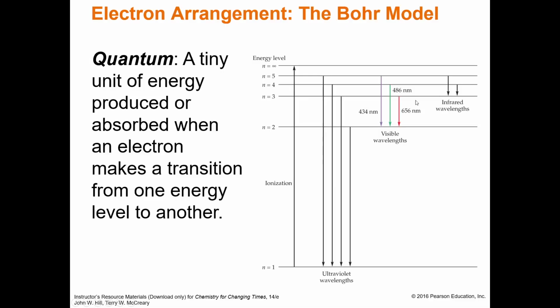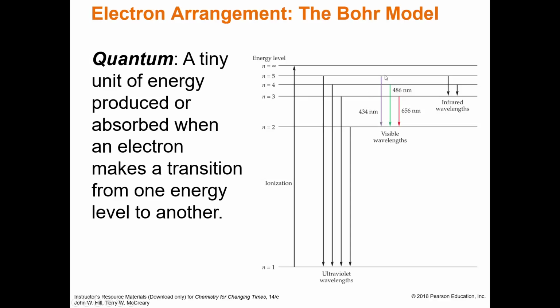Okay, so what creates those different wavelengths of light that are coming out, those different colors that are coming out? Well, if you boost electrons up to higher energy levels and then they fall back down, when they fall back down, they're going to give off that color of light.